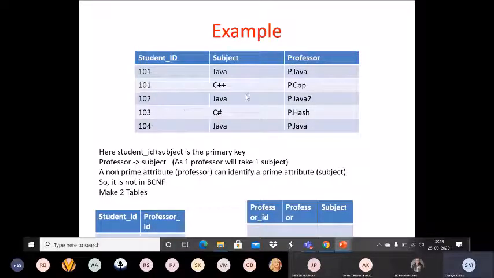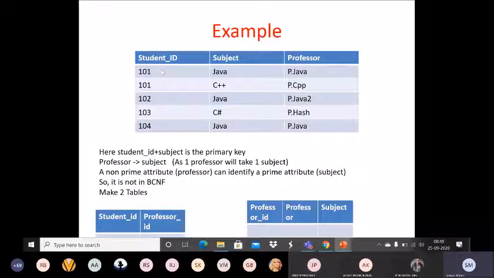But for this student, a different professor will take his Java class. So this table is fine, no problem with this table. Does somebody want to tell something? No. Okay, now just look at this table.